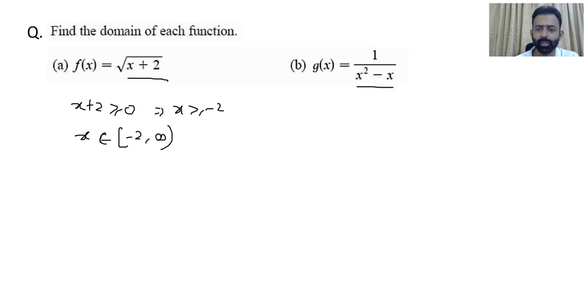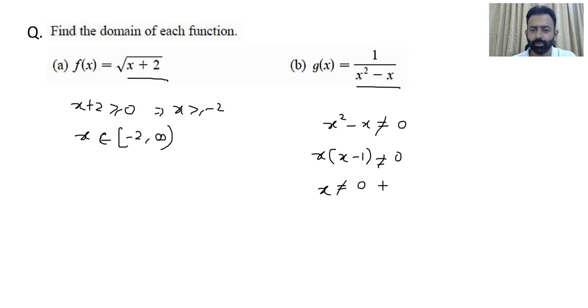Okay, and for this, x square minus x should not be equal to 0. This is of type 1, 1 upon A, where A should not be equal to 0. So x into x minus 1 should not be equal to 0, meaning x should not be equal to 0 and x should not be equal to 1. If you put x equal to 1, this will be 1 minus 1, again 1 by 0, not allowed.